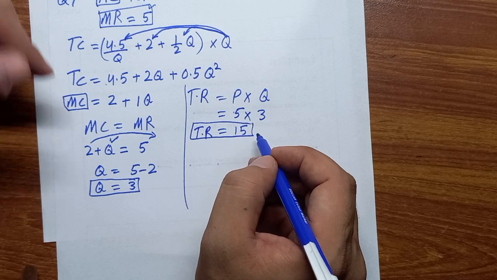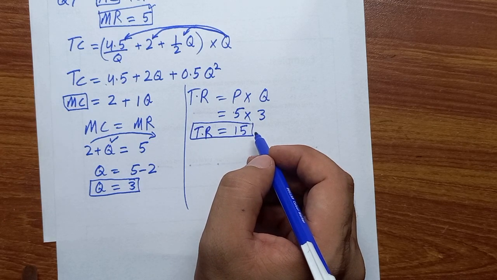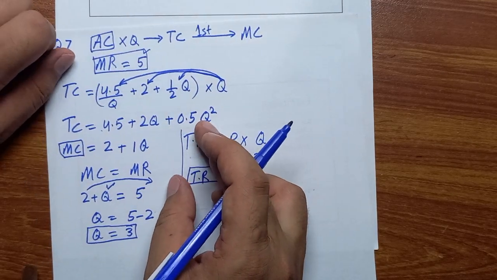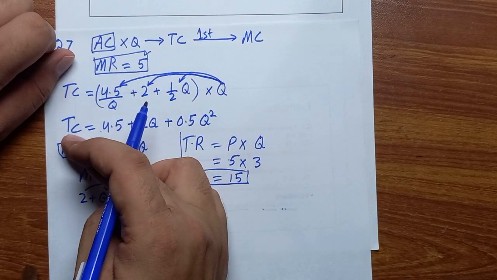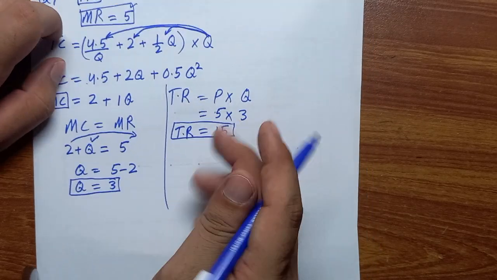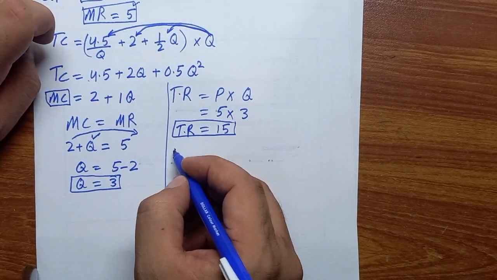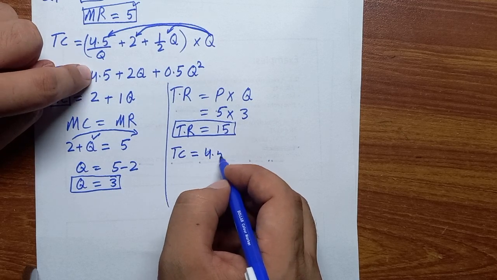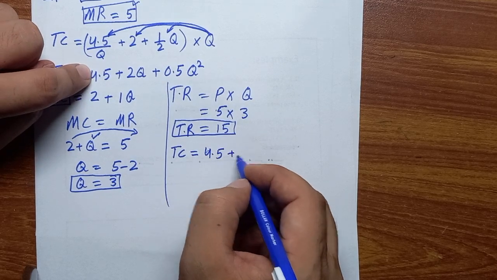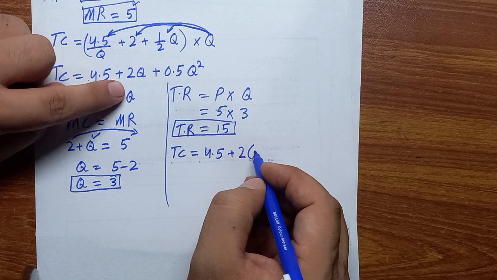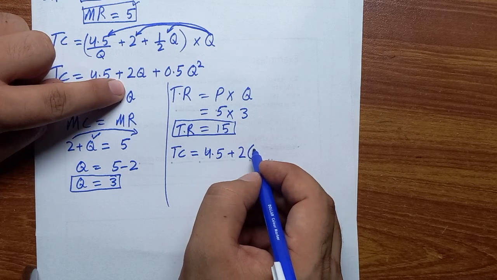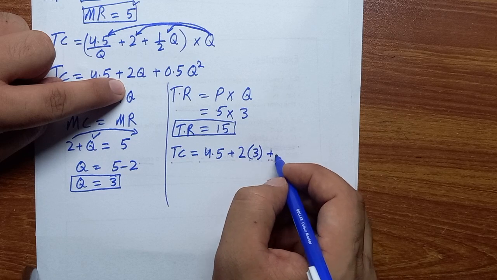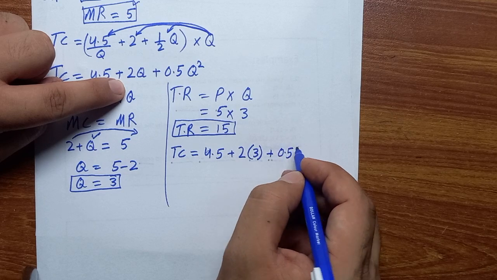Now we will find the total cost. So in this equation, I'll put the value of Q, we will find the total cost. So the formula says that the total cost is equal to 4.5 plus 2. Instead of Q, I'll write the value of Q. So the value of Q is 3 plus 0.5.